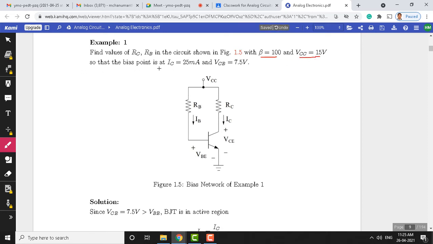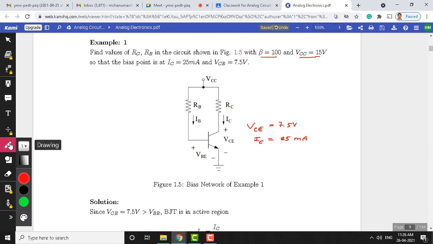The bias point, which is the operating point of this transistor, is also given. This VCE and IC are called the operating point. Here, IC is given as 25 milliampere, and VCE is going to be 7.5 volts.